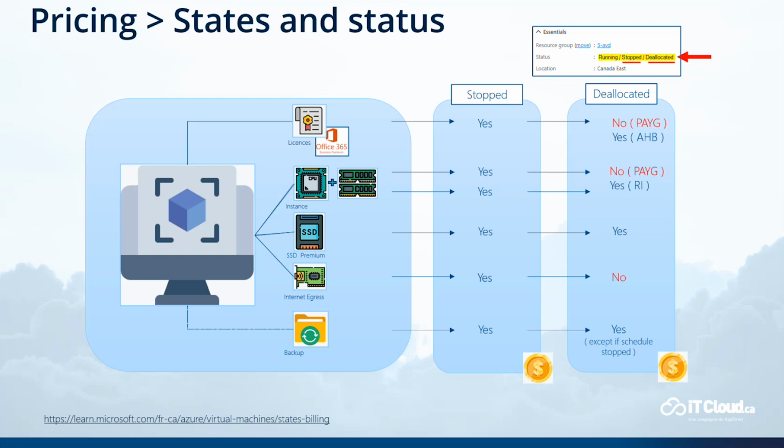So if you do that, you will keep paying because there is still a connectivity from the host to the VM. So the stopped status is not good to go.